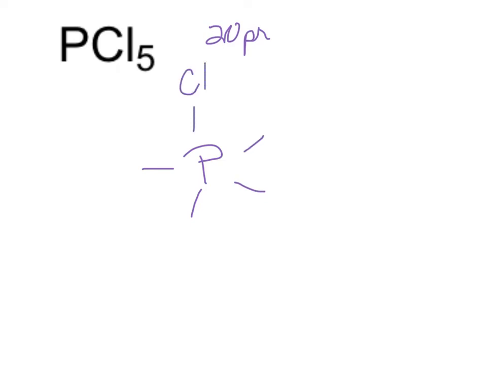And I can attach 5 chlorines to that phosphorus, all to that central atom, because phosphorus can have an expanded octet. Since it is in the 3rd period, it has access to d orbitals that will allow that octet to expand. And so this would be an example of an expanded octet. Now I've used 5 of my bonding pairs, leaving me with 15.